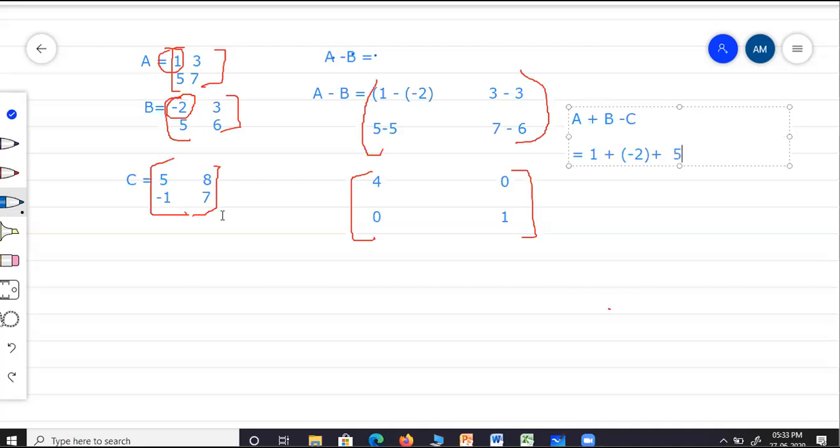We'll write these three elements in a group. Now we'll do the same process for first row, second column: the elements are 3, 3, and 8. So we write 3 plus 3, and we have to subtract C, minus 8.